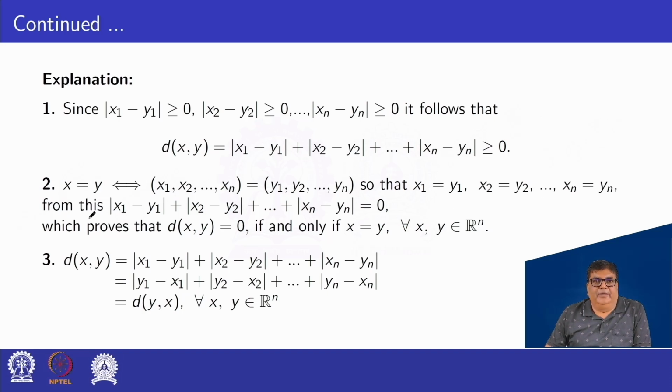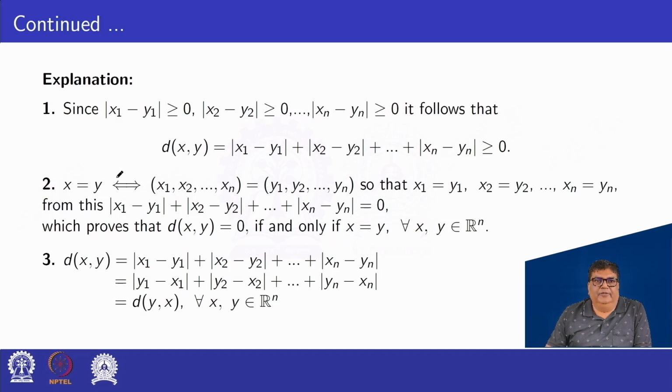From this, |x1 − y1| + |x2 − y2| + and so on + |xn − yn| is equal to 0, because x1 is equal to y1, x2 is equal to y2, and so on, xn is equal to yn, which proves that d(x,y) is equal to 0 if and only if x is equal to y for all x, y belonging to Rn.